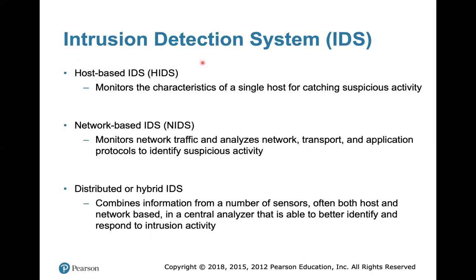When we say host-based, it means that the intrusion detection system monitors the characteristics of a single host for catching suspicious activities. Basically, the sensors that feed the analyzer are all looking at a local host. No network-based sensors are used in that intrusion detection. That's host-based.